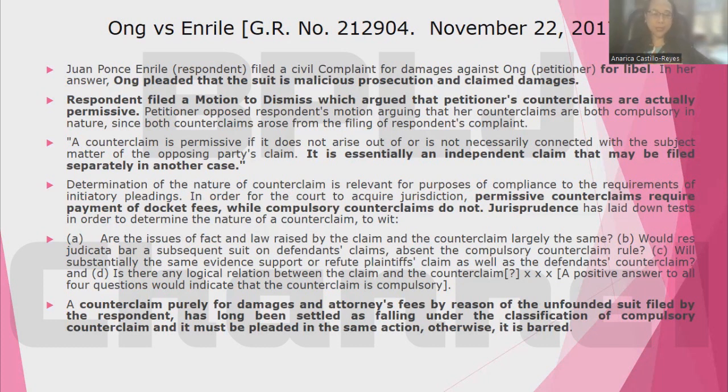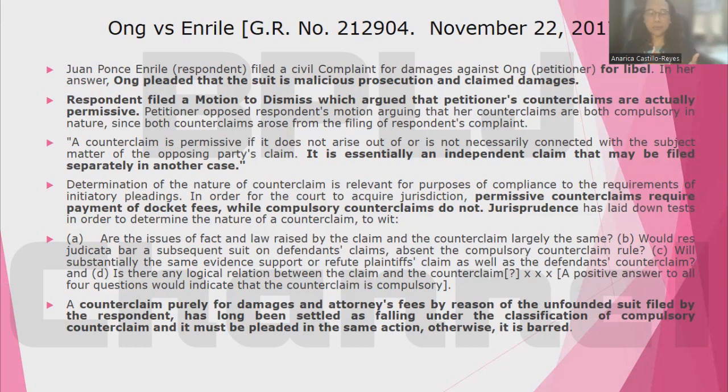Will substantially the same evidence support or refute plaintiff's claim as well as the defendant's counterclaim? Is there any logical relation between the claim and the counterclaim? A positive answer to all four questions would indicate that the counterclaim is compulsory.